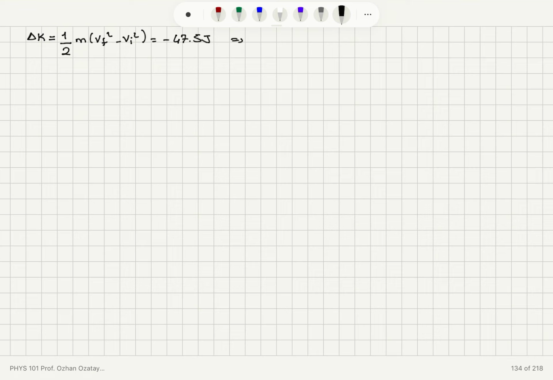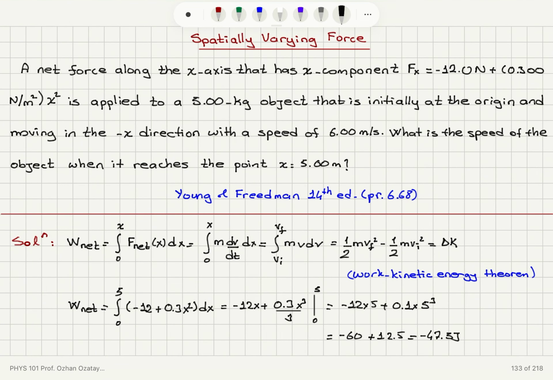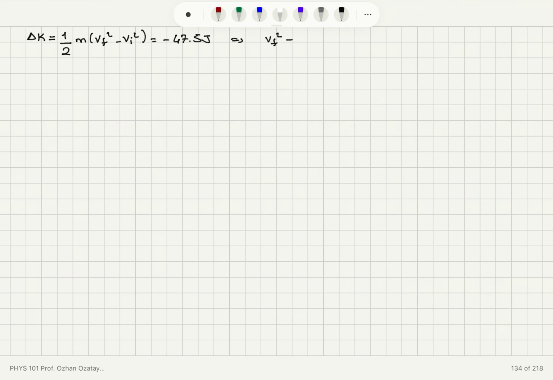So we find that v final squared minus v initial squared, where the initial speed was 6 meters per second, so minus 6 squared, is equal to minus 2 times 47.5, divided by 5 because it's a 5 kilogram object, that gives us minus 19.